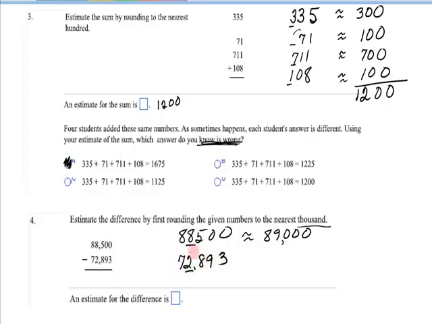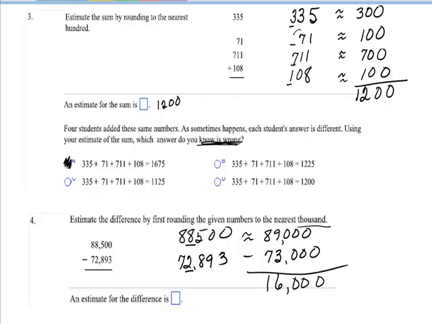This 8 tells you to round up, and that will be approximately 73,000. We're finding the difference. 9 minus 3 is 6, and 8 minus 7 is 1. So the difference is approximately 16,000.